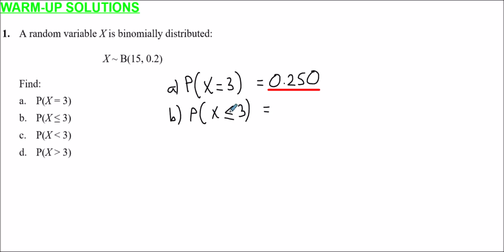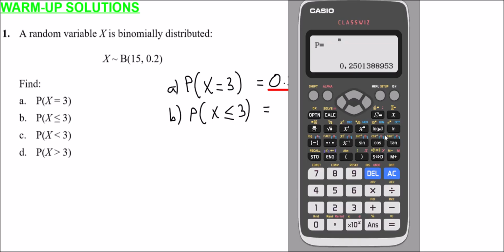So what we want here is to go for the cumulative distribution, binomial CD. So what we do here, we press menu, option 7, but this time we scroll down and click on 1 for binomial CD. And again we can press variable and go for that one. So again this time x in this occasion stands for what we want to go up to and including.